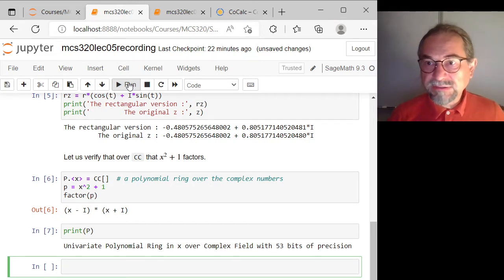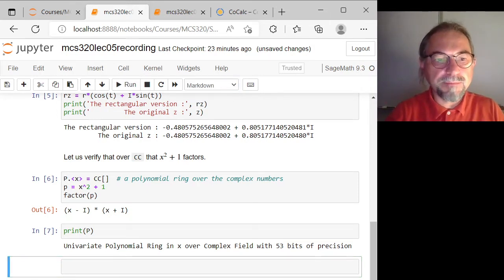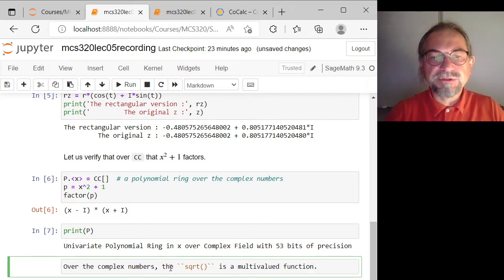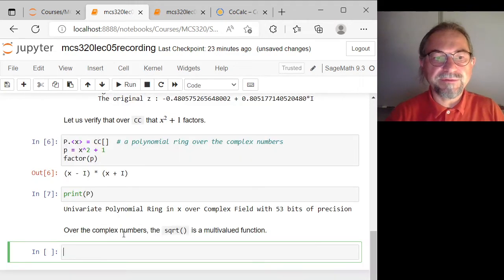Okay, so one last thing that I want to say, the square root over the complex numbers, the square root is a multi-valued function. So it's a root finder. So let me illustrate this.